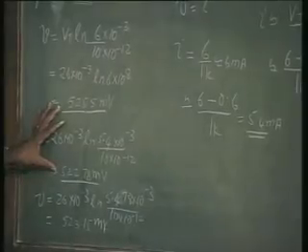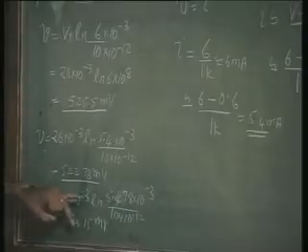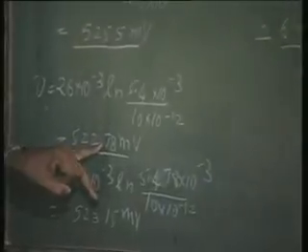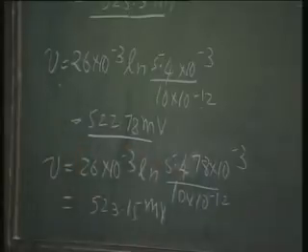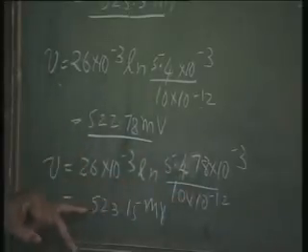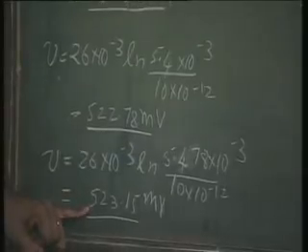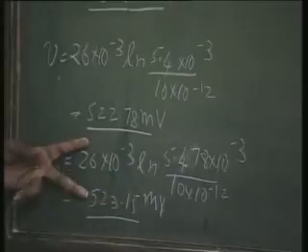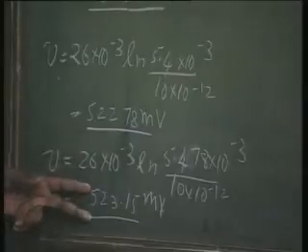So, now assuming that it is about 522 etc., we can again recalculate the whole thing, the voltage. If it is 522, current is going to be 5.478 milliamperes divided by 10 picoamperes, which is going to give you an evaluated value for the voltage V as 523.15, which is again pretty close to this, which is more correct than any of these values.